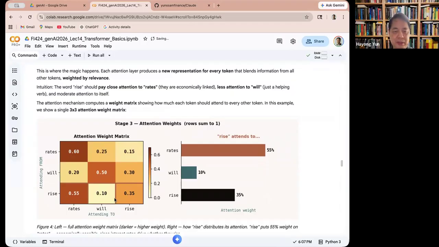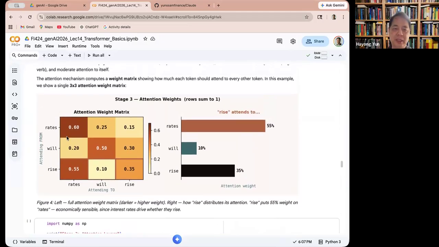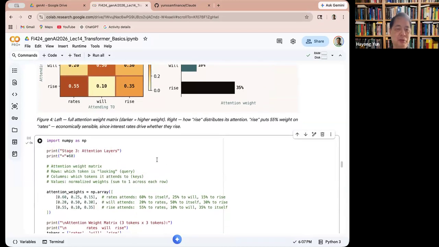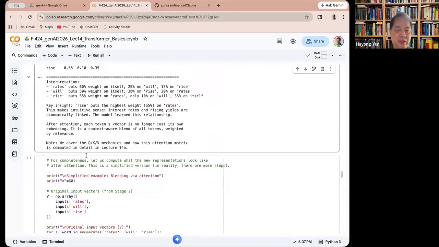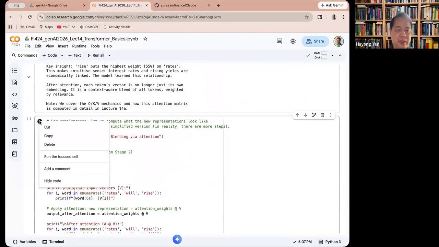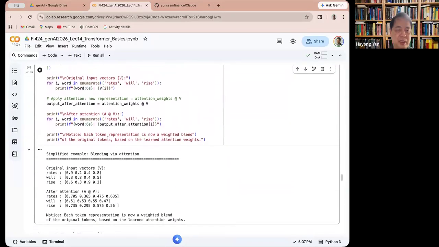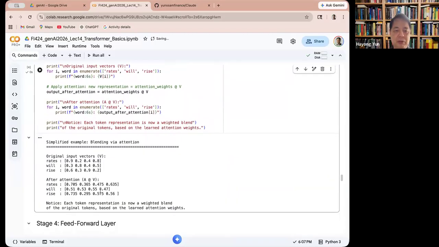Again, we'll walk through the details of how this mechanism works, but just to highlight that attention is about correlation between pairs of words which are most relevant, heuristically speaking. So here is the attention matrix. The original input vector, after the attention multiplying it out, will look like this.